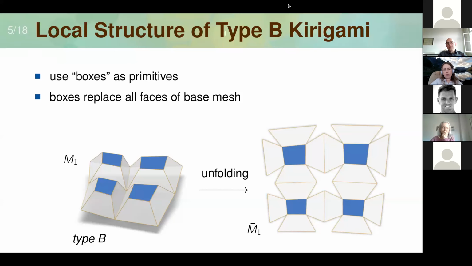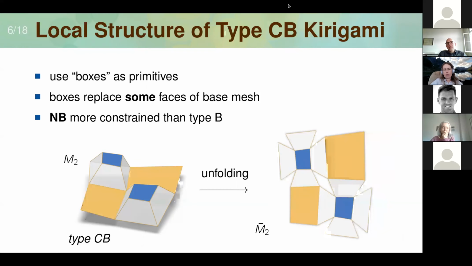You can do quite a lot of variations of these basic principles. So, for example, we called the previous one B Kirigami for box, and this one CB for checkerboard box. So we could, for example, replace not all the quadrilateral faces of the base mesh by a box, but we could replace only half of them in a checkerboard pattern. So when we unfold this, the original faces that are shown in yellow, some of them remain, and the unfolding looks different.